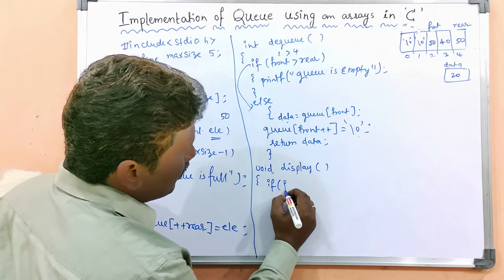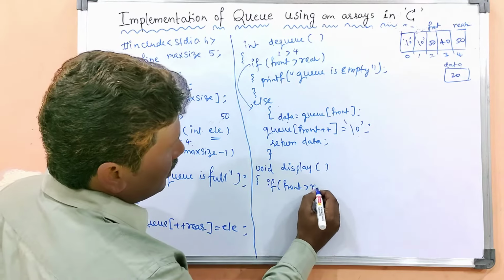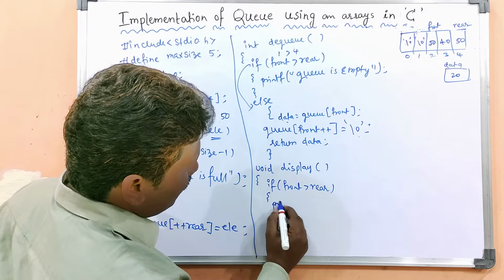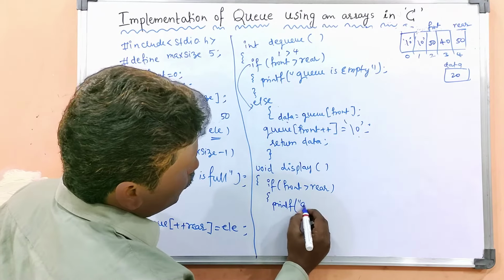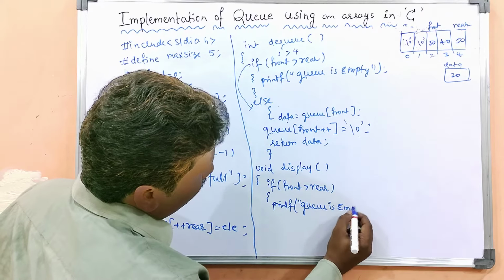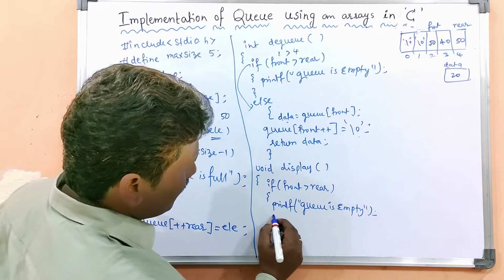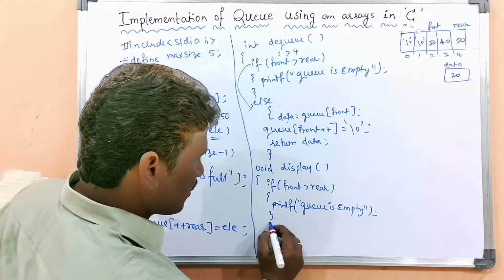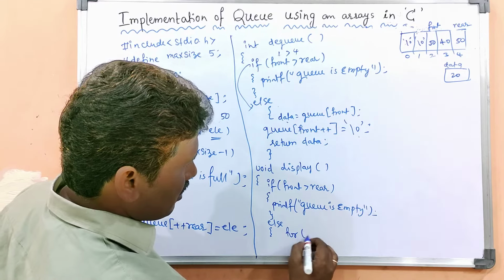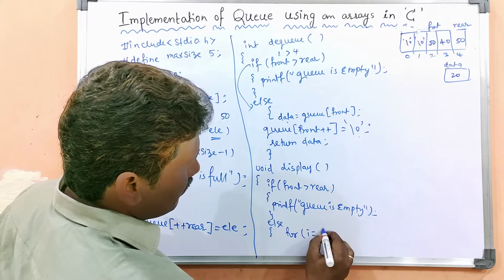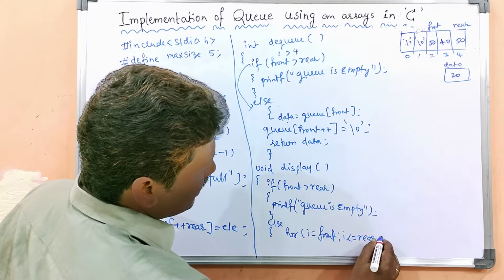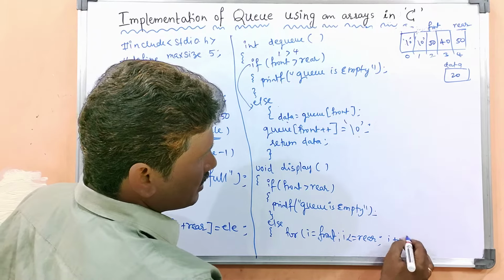If front, rear, then printf queue is empty, then else, then here for I equal to front, I less than or equal to rear, I plus plus.